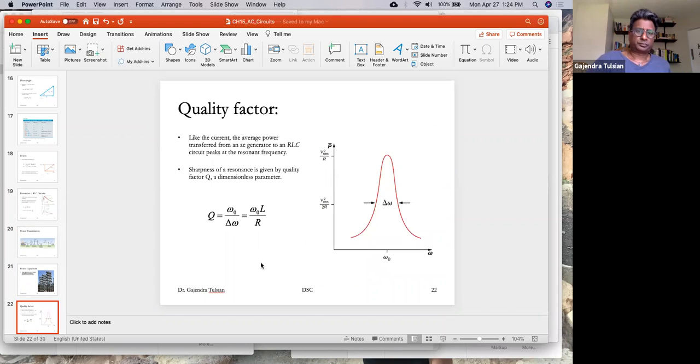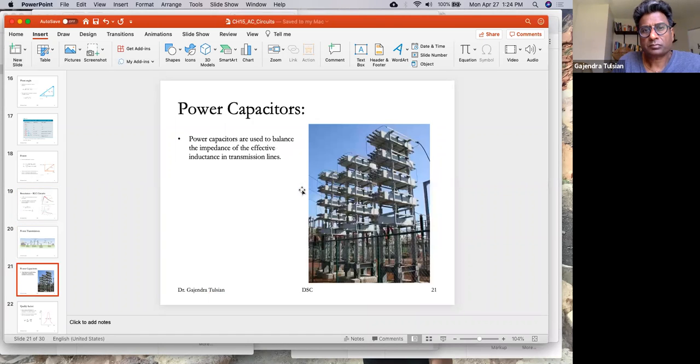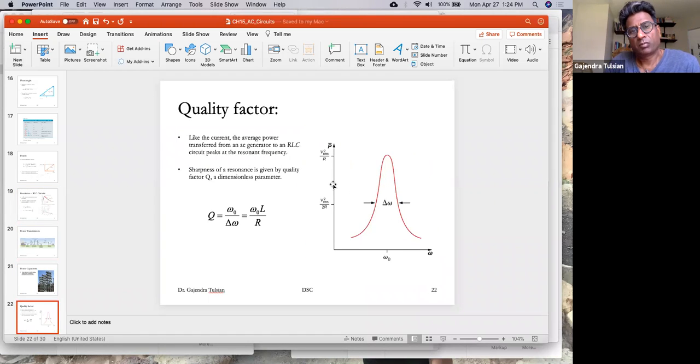And at resonance, at that frequency, you're delivering the maximum power to that circuit as well. We define the quality factor of a circuit. Here's the frequency as you're scanning the frequencies, and there's the resonant frequency.